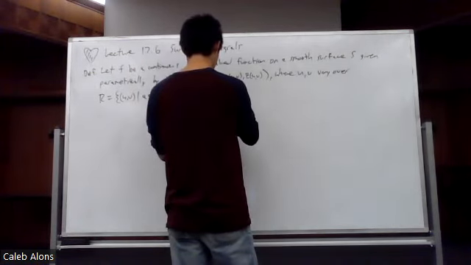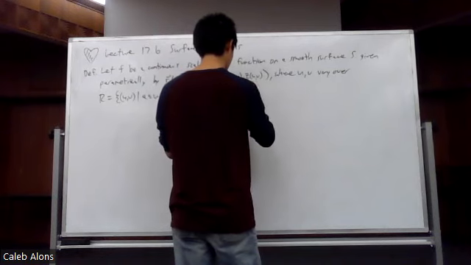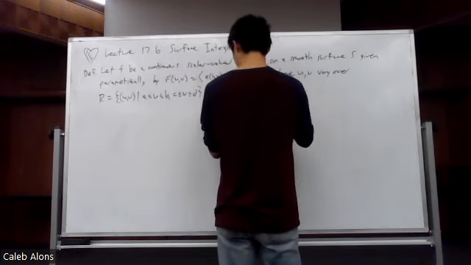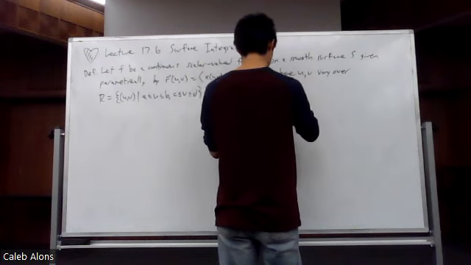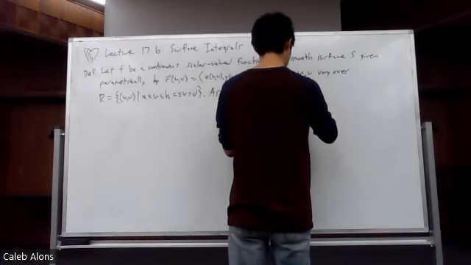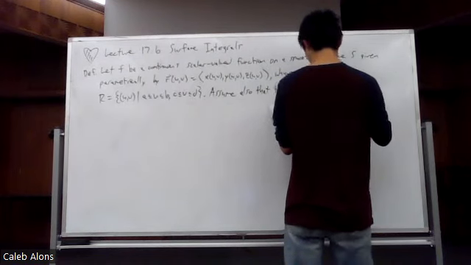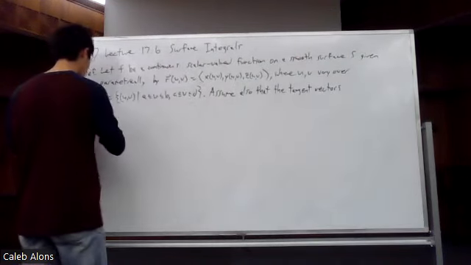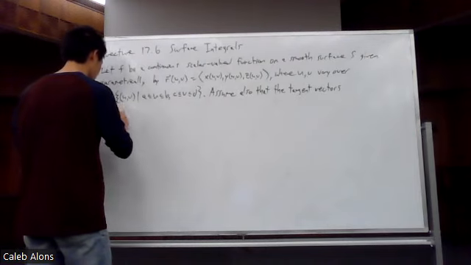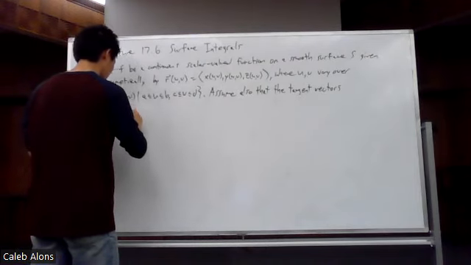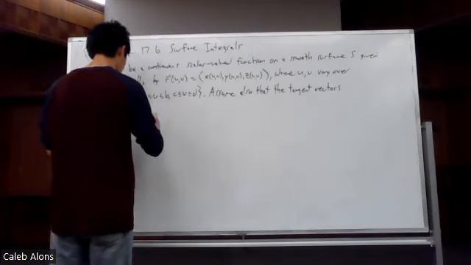Now we're going to also assume that the tangent vectors, given by how we define them, so Tu is x_u, y_u, and z_u.